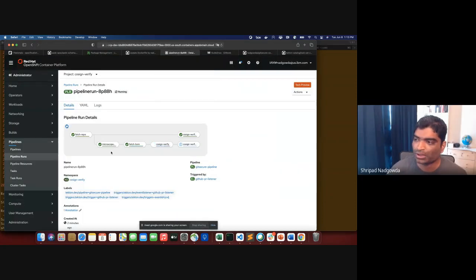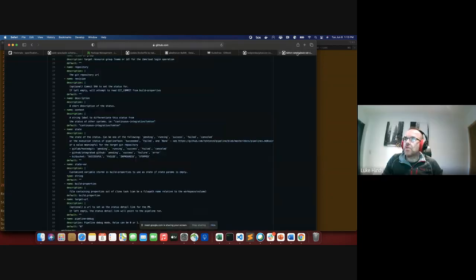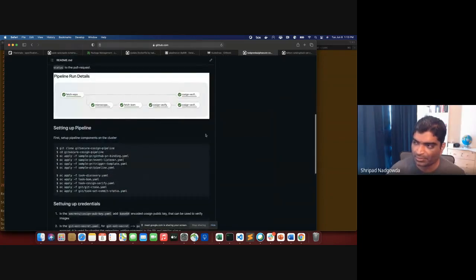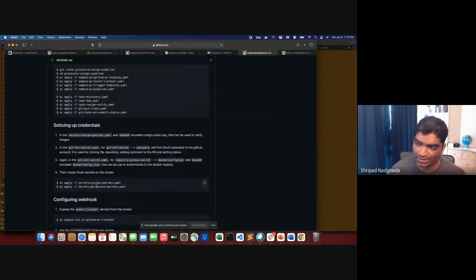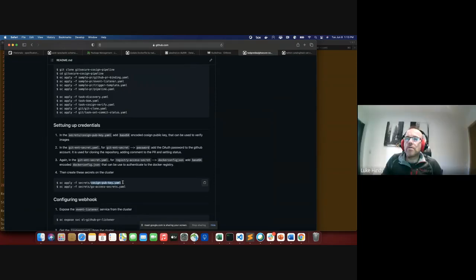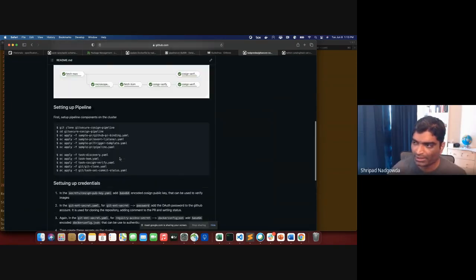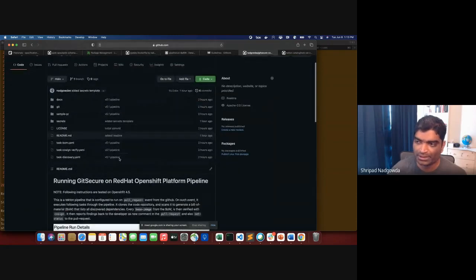Right. So that's a Tekton pipeline, and I have mounted cosign. It needs the public key to be mounted as a secret. Then in the cosign verify task, we take the image, identify what base images you are using, and call cosign verify on those base images to check if they are signed or not.